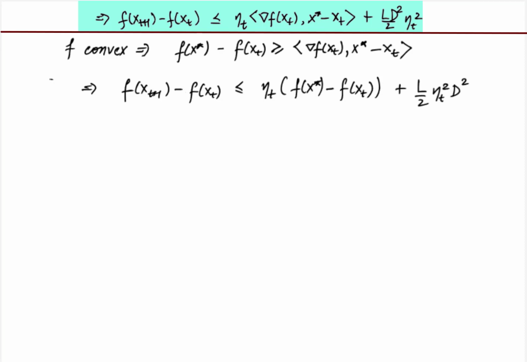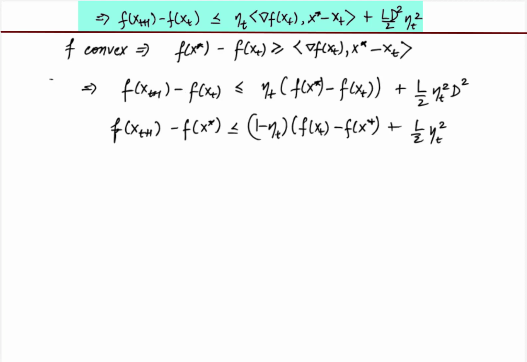So rearranging, the overall bound can be written as f of xt plus 1 minus f of x star less than equal to 1 minus eta t times f of xt minus f of x star plus L by 2 eta t square D square. Here we have subtracted f of x star from both sides. This is the required one-step inequality.